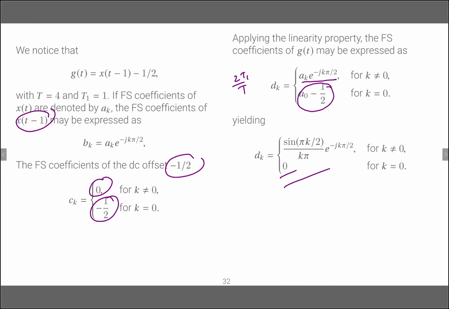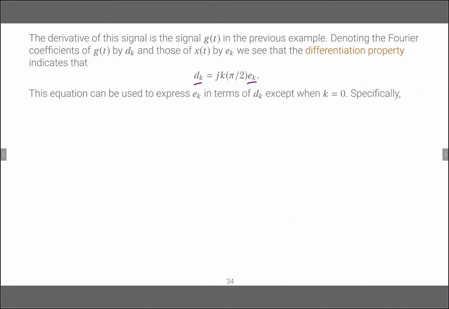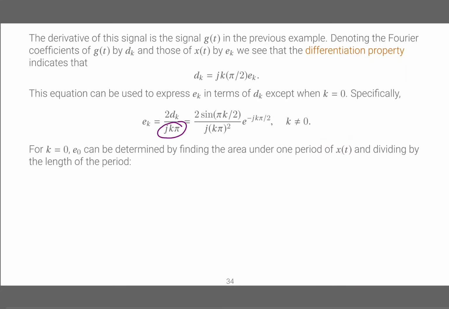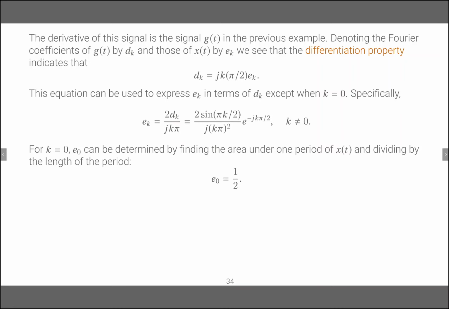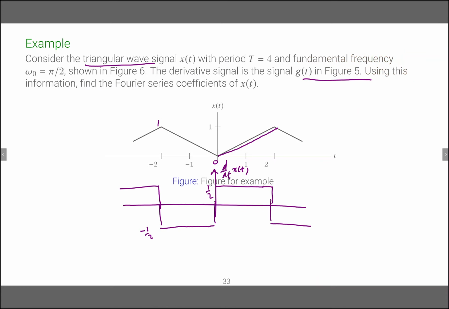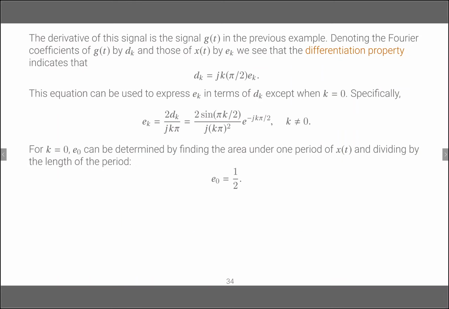So using this, dividing that by jk pi and multiplying by 2. For k equals 0, E naught can be determined by finding the area under one period of xt and dividing by the length of the period. And we can just look at this and find E naught. And that turns out to be half.